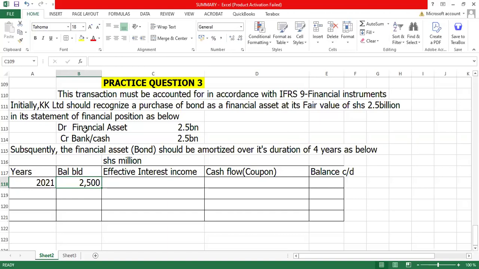Here you put the actual amount you paid. It can be the nominal value minus the discount, plus the transaction cost. The professional fees, legal fees, mention them. Those are the costs directly related to this kind of purchase. Here you base on the actual amount.